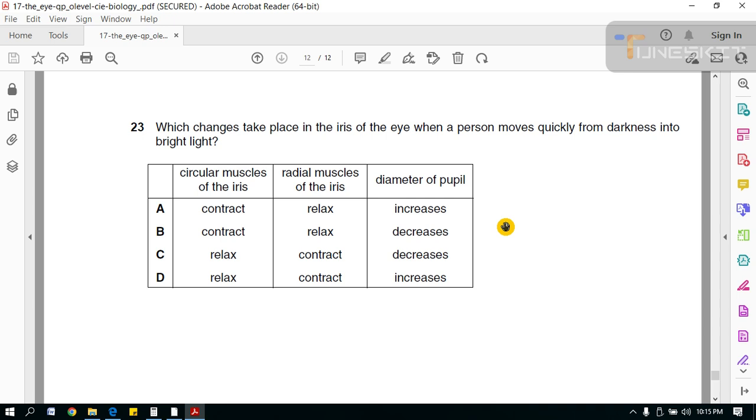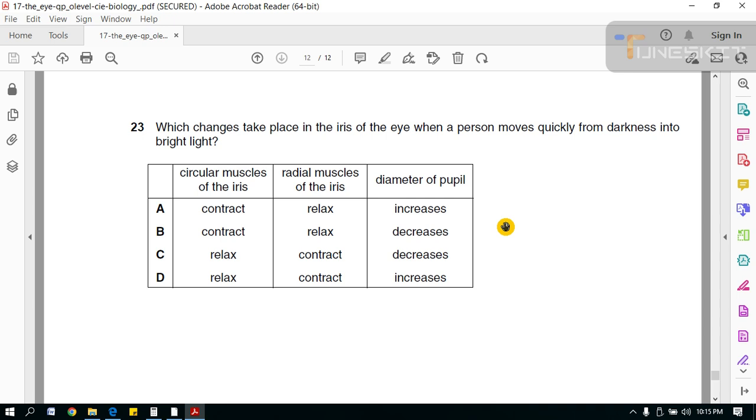The first thing that should come to your mind is that when you move from dark to bright light, the pupil size should decrease, right? And when it decreases, it means the circular muscles will contract.